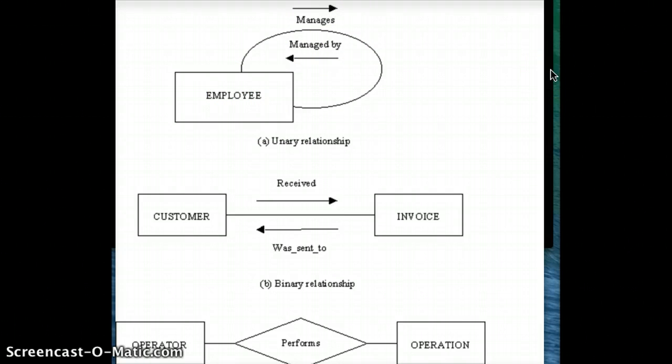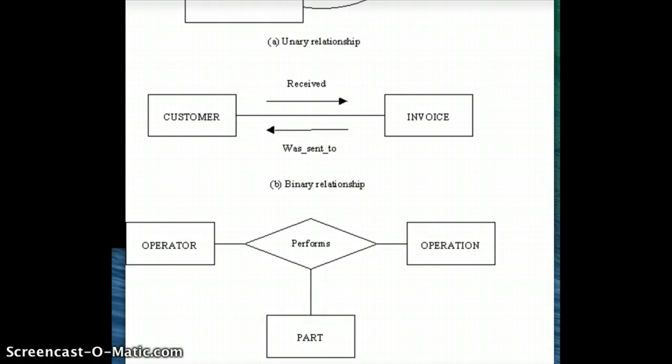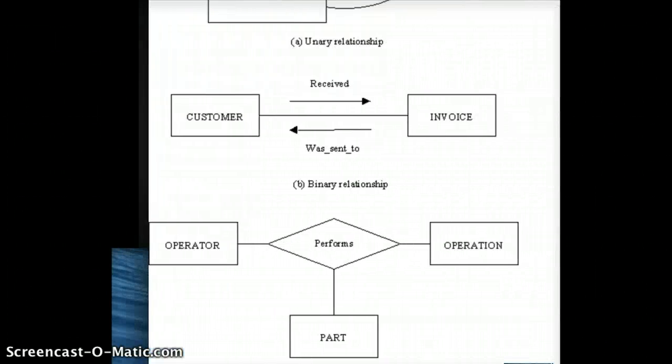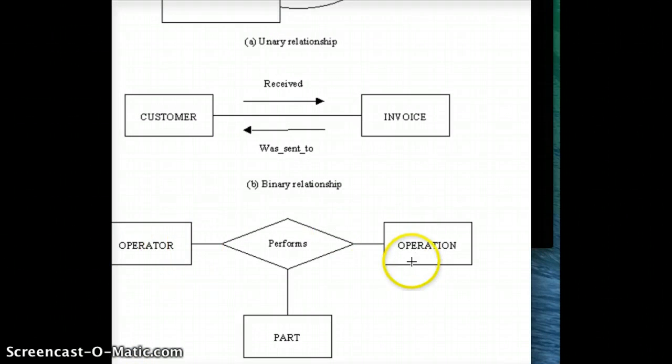So the third part is a little bit more complicated. In a ternary relationship, you can see in this last one right here, this is a ternary relationship, and it has three things involved now.